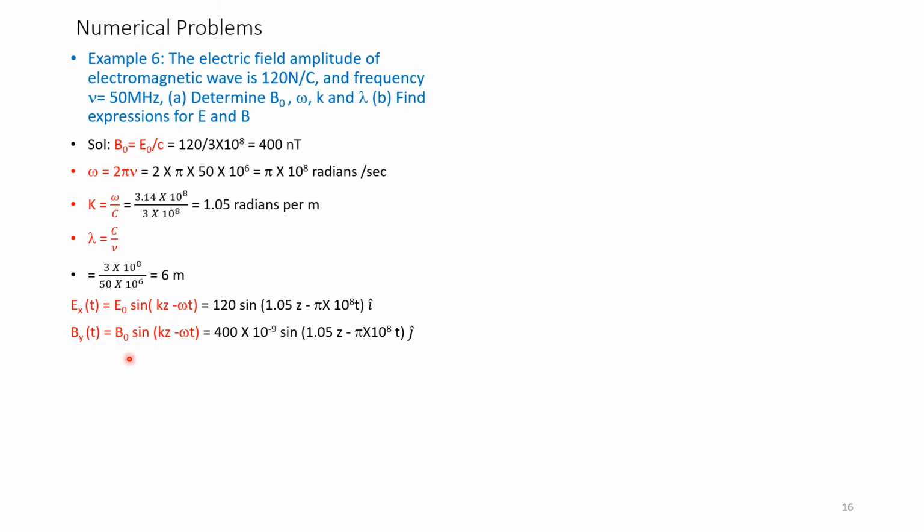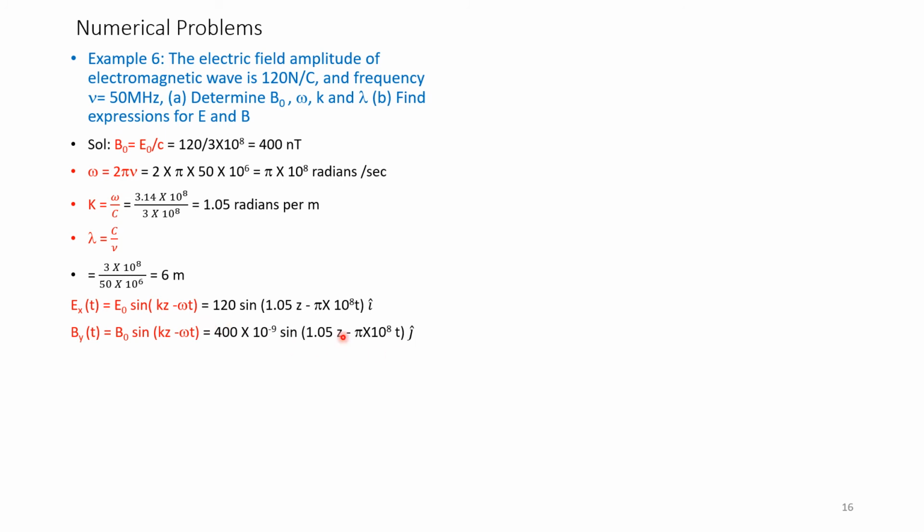Expression for B is B y in the direction y is B naught sine kz minus omega t. That is equal to 400, B naught we have found 400 into 10 to the power of minus 9, that is nano. 400 nano Tesla means 400 into 10 to the power of minus 9 sine k is 1.05 z minus pi into 10 to the power of 8 t.